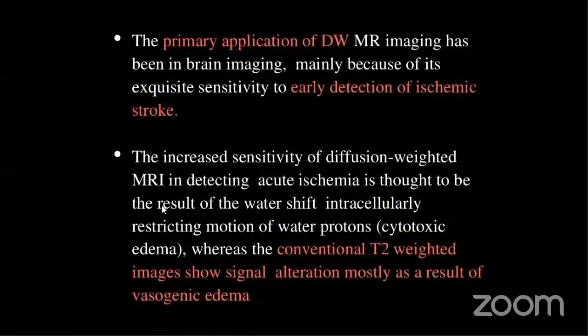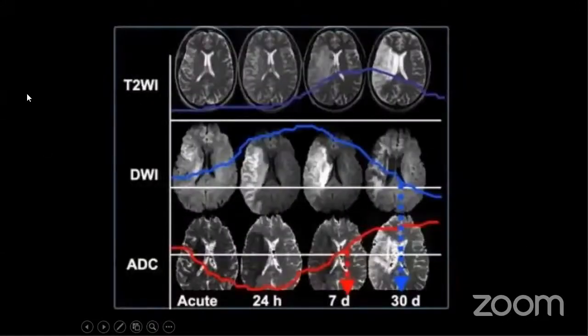The primary application of diffusion weighted imaging is stroke, early detection of ischemic stroke. It is a highly sensitive sequence. This is how it changes with time, very acute. And how do we divide the stages? We have hyperacute, acute, subacute and chronic stages.